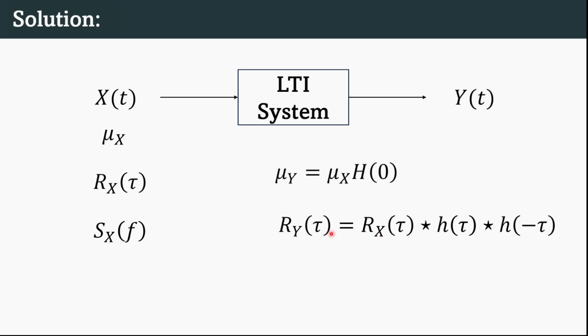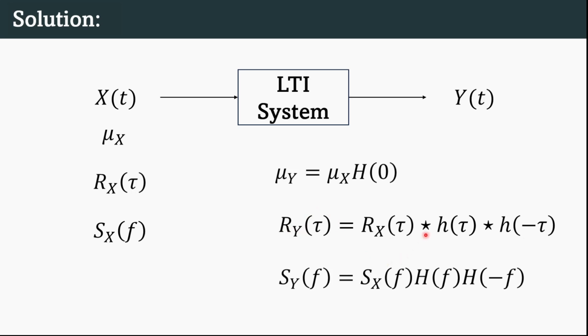Now if you take the Fourier transform of this Ry of tau, we get the power spectral density, and we know that convolution in the time domain corresponds to multiplication in the frequency domain, and hence Rx of tau will have Sx of f as the power spectral density, and h of tau has H of f as the frequency response, and h of minus tau will have H of minus f as a frequency response. This comes from the property of time reversal.